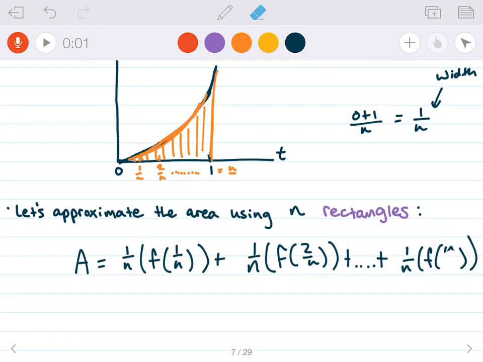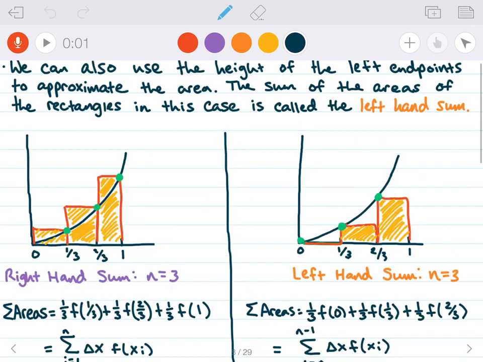Maybe I'll write that here, actually. f of 1. Okay, so this is our area, and again, we don't know exactly what n is, but this is just something to think about.